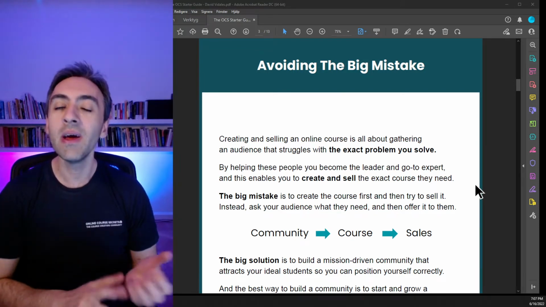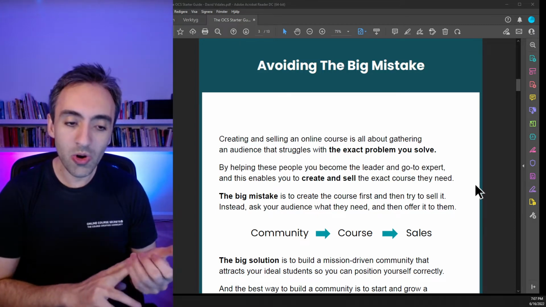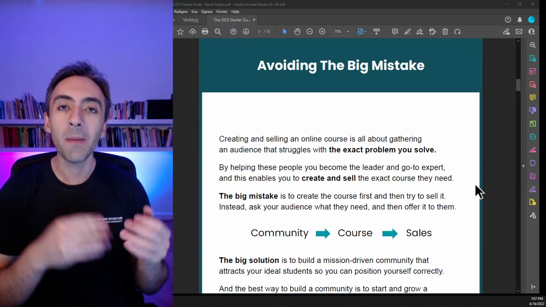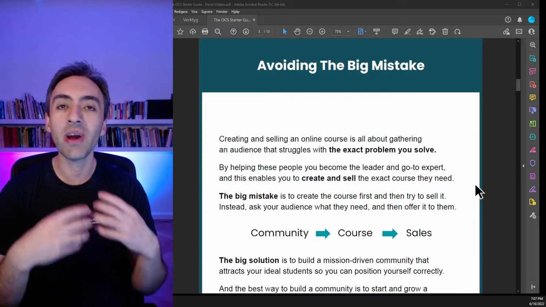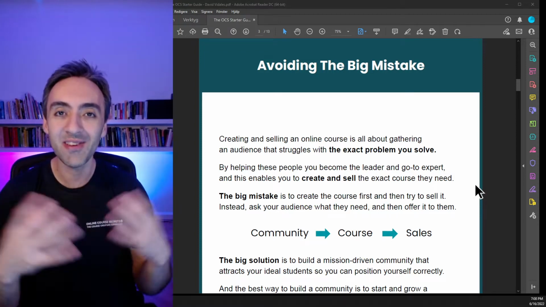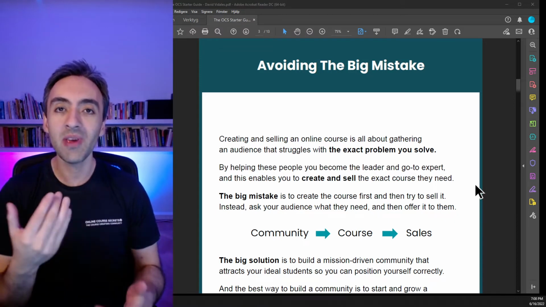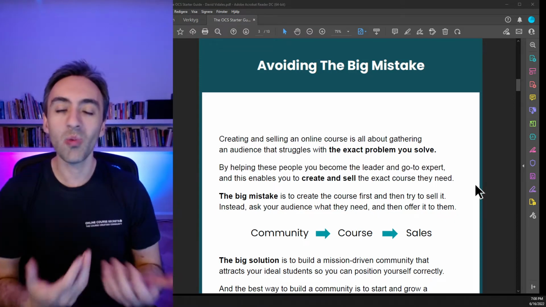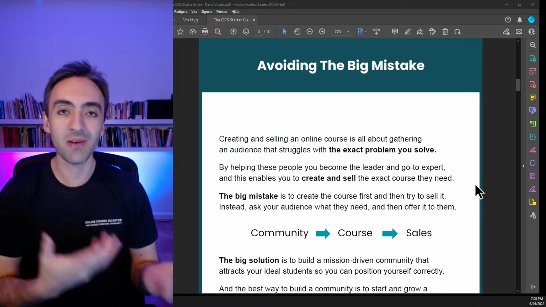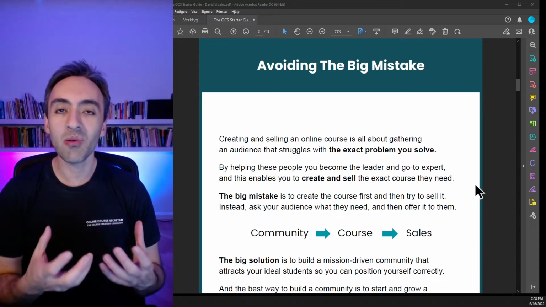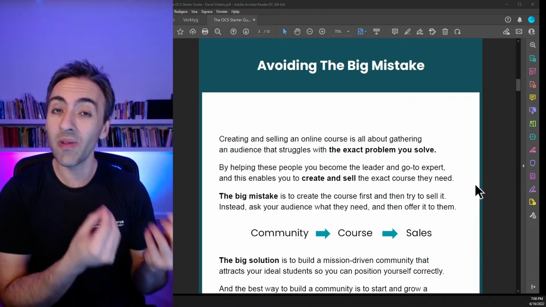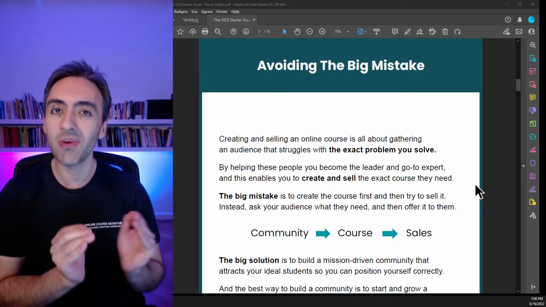Number two, you're doing market research by helping people. You're not just having an audience and waiting, you're actually helping them. By doing that, people will share with you what they're struggling with, their pain points, and that allows you to better understand what it is they want and need, because that's what we're trying to figure out, right?